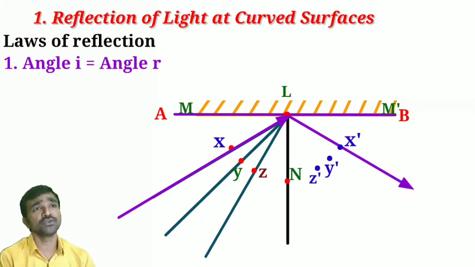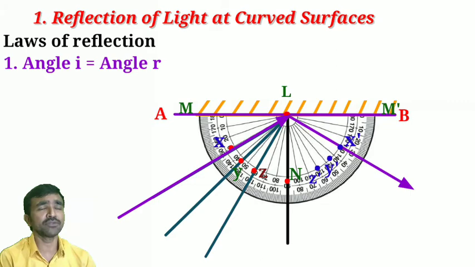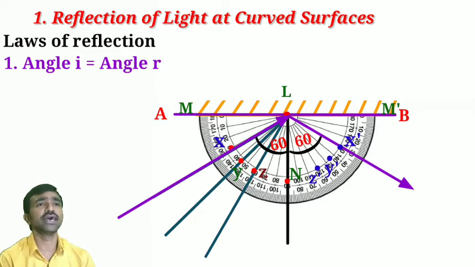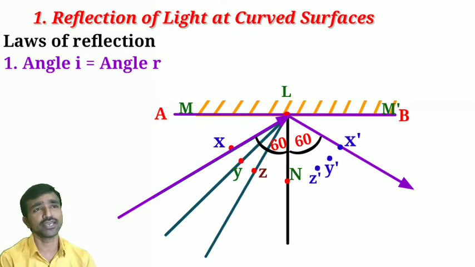Now we have to measure the angle between the normal and the reflected light ray. After measuring that, you have to note down the angle. Then compare the angle made by the incident light ray with the normal, as well as the angle made by the reflected light ray with the normal. Then note down what you observe.